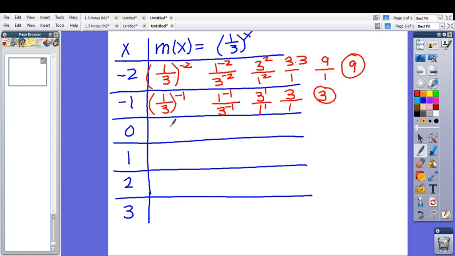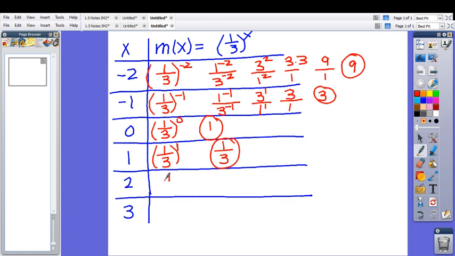So that's your answer. Now again, remember, anything that has 0 power, its value is always 1. Then this is 1/3 to the 1 power. Anything that has 1 power is the number itself, so it's 1/3, and that's your answer.